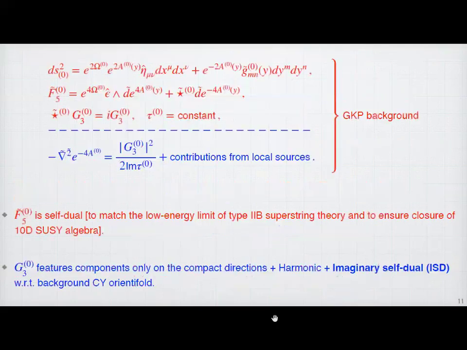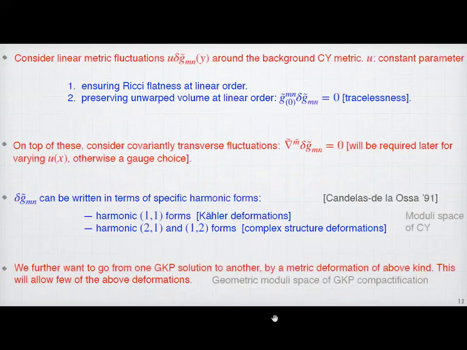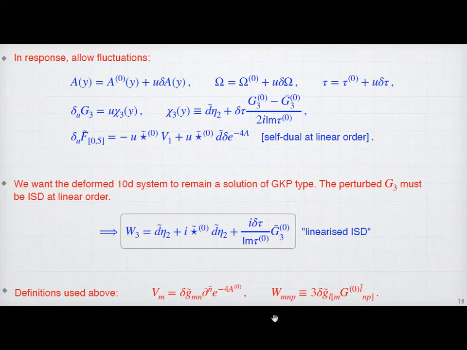Okay, sorry, this is the imaginary self-dual relation. And if we require that the deformed system is again a solution of GKP kind, part of G3 must be ISD. On one side, it has the fluctuation of the axiodilaton and the eta 2-like G3 shift. And on the other side, it is the action of the star operator on G3.